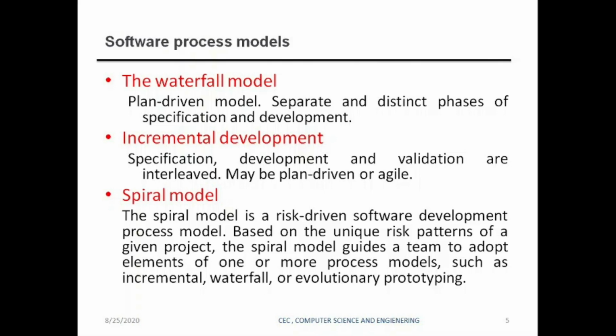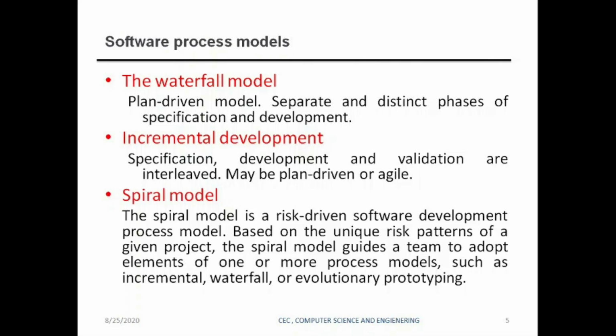In the same way, whenever you start developing software, the software process is nothing but a blueprint. That is software specification, design and implementation, validation, and the fourth one, evolution.